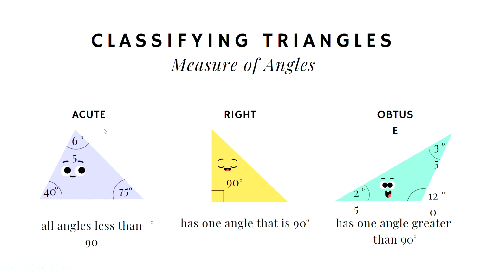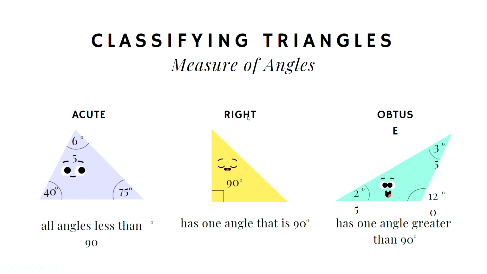Because what is the meaning of acute? An angle which is less than 90 degrees, which lies between 0 to 90 degrees, is known as an acute angle. Same as here, all the angles of the triangle lie between 0 to 90. So this triangle is known as an acute angle triangle.